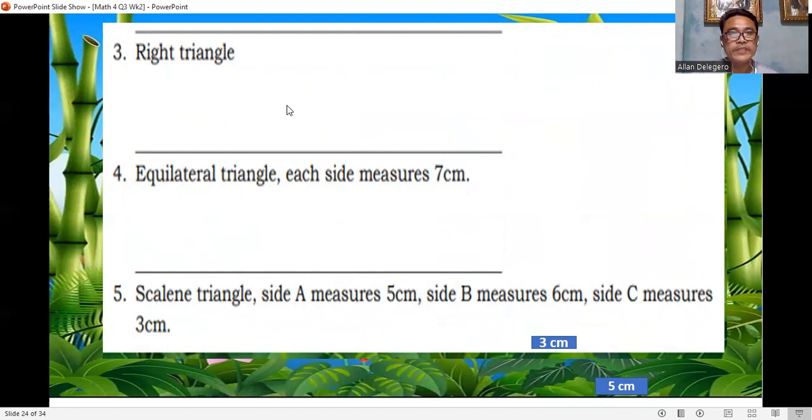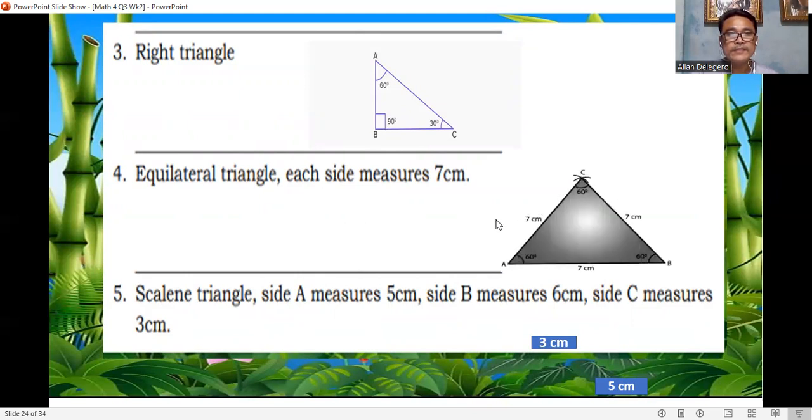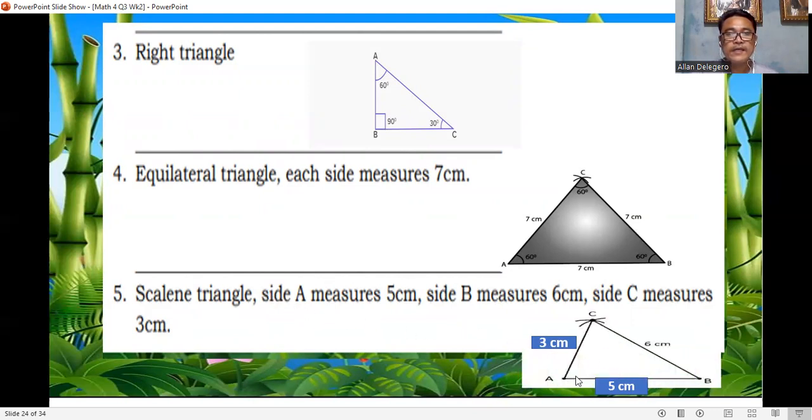And for number 3, okay, this is a right triangle. It has a right angle. Equilateral triangle with 3 equal sides. Scalene triangle. Okay.